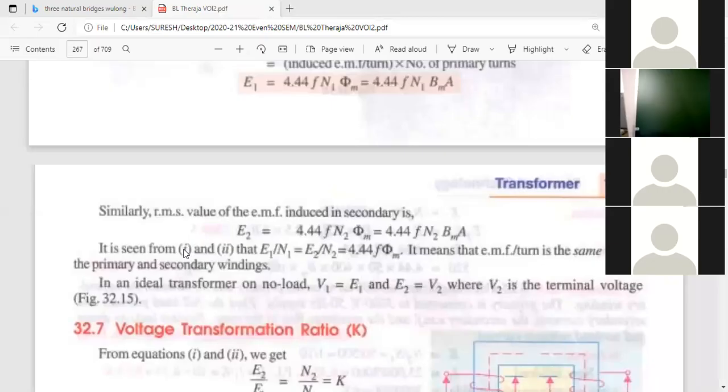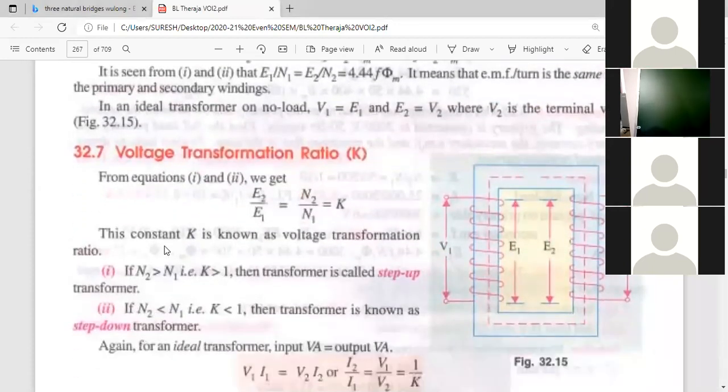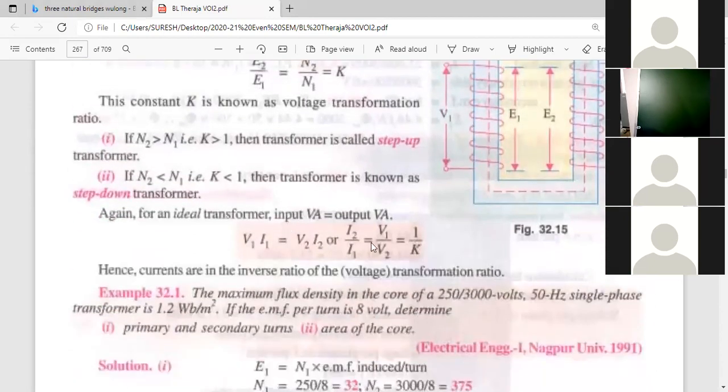Now take down the problem. So transformation ratio K is equal to N2 by N1, that is equal to E2 by E1, that is equal to I1 by I2.